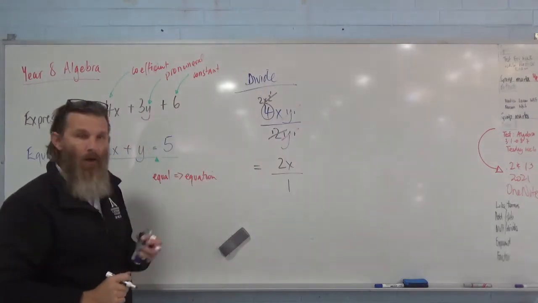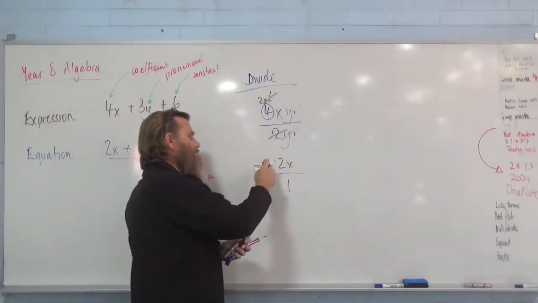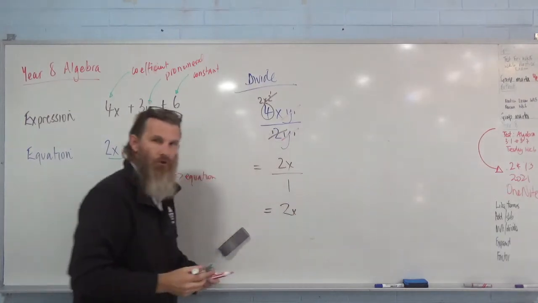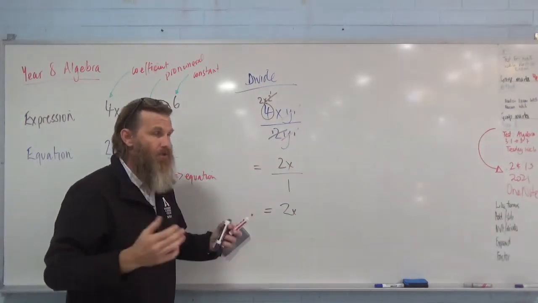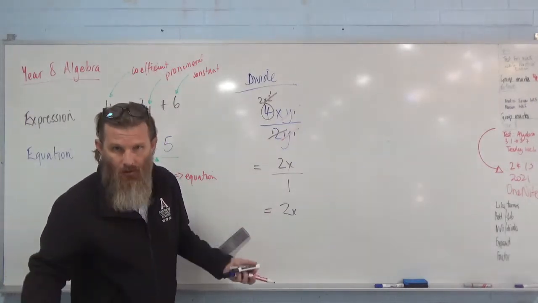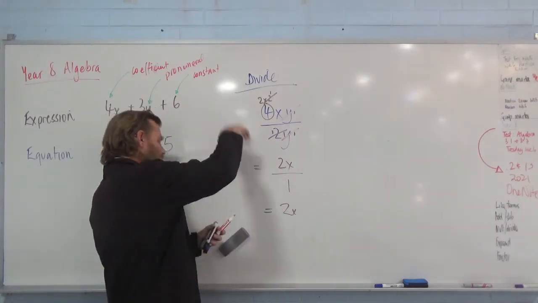So you've still got a 1 on the bottom line. But then we can recognise that if we have 2x divided by 1, that's just equal to 2x. Think about 5 divided by 1, 5. 7 divided by 1, 7. Minus 3 divided by 1, minus 3. 2x divided by 1, 2x. Well, let's do another example.